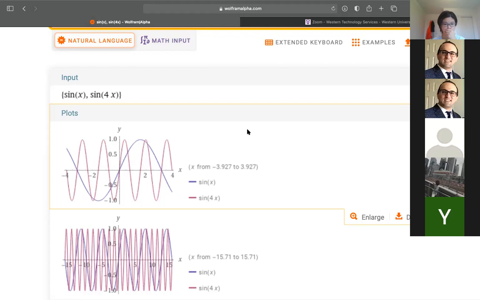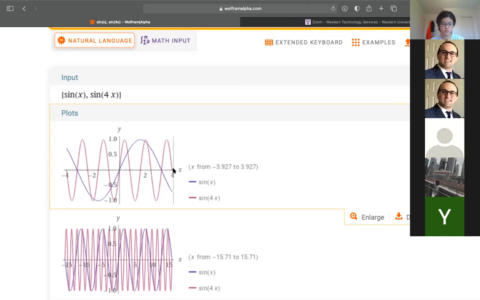You can also call them oscillatory functions. They oscillate, I mean, they go up and down. Sine of 4x oscillates faster than sine of x.